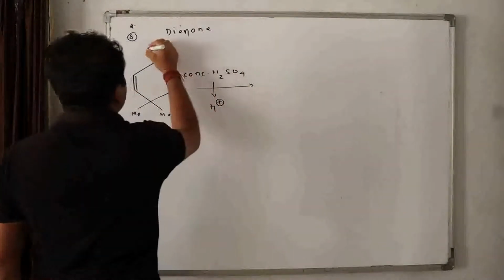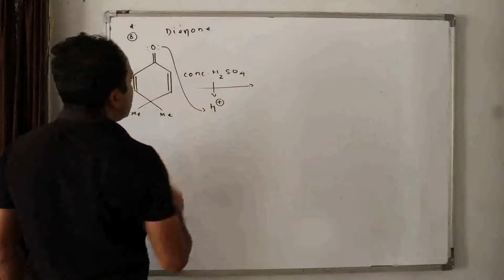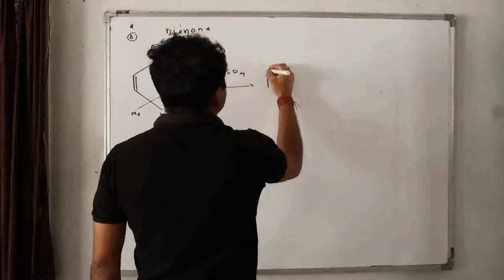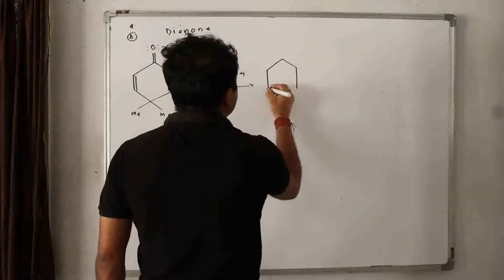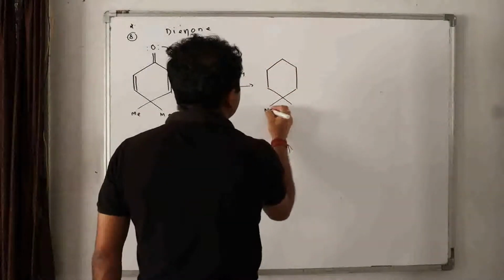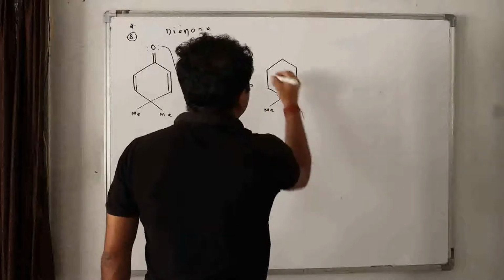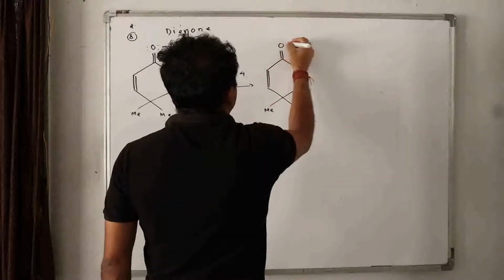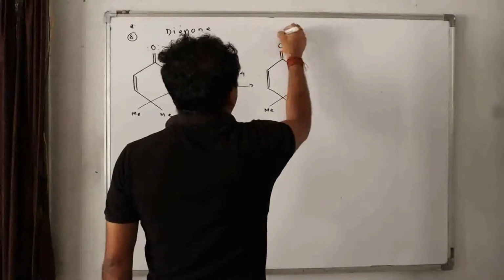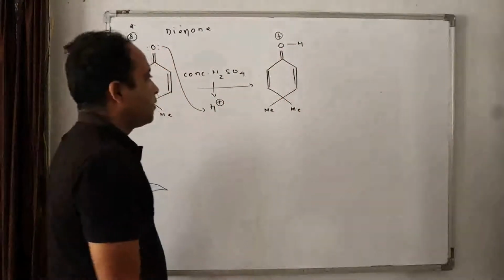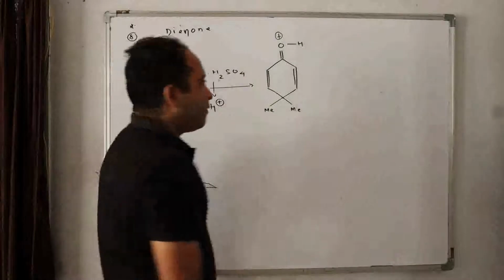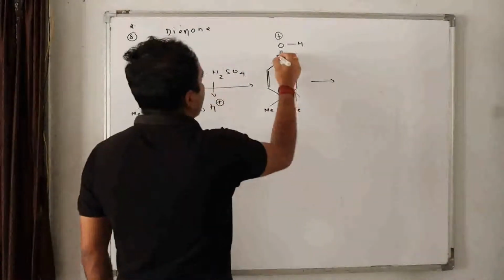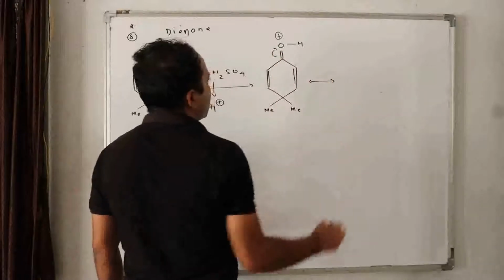H plus. Now the electron pair over this will attract this H plus, making this OH plus. Now, in the next case, what will happen? Can you write this in this manner?